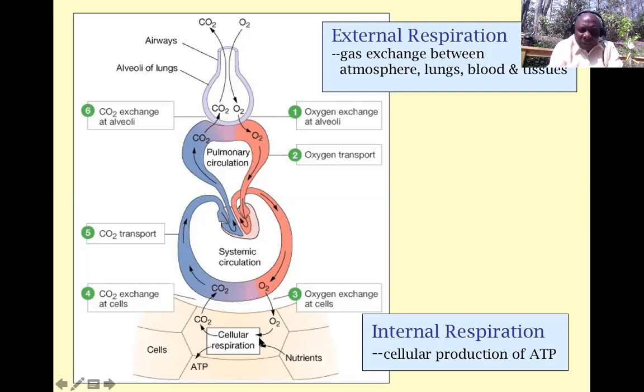And that happens in the cell. This is happening inside the cell. The rest of it is external. And so please don't confuse external respiration with ventilation or breathing. Ventilation or breathing is a part of external respiration.